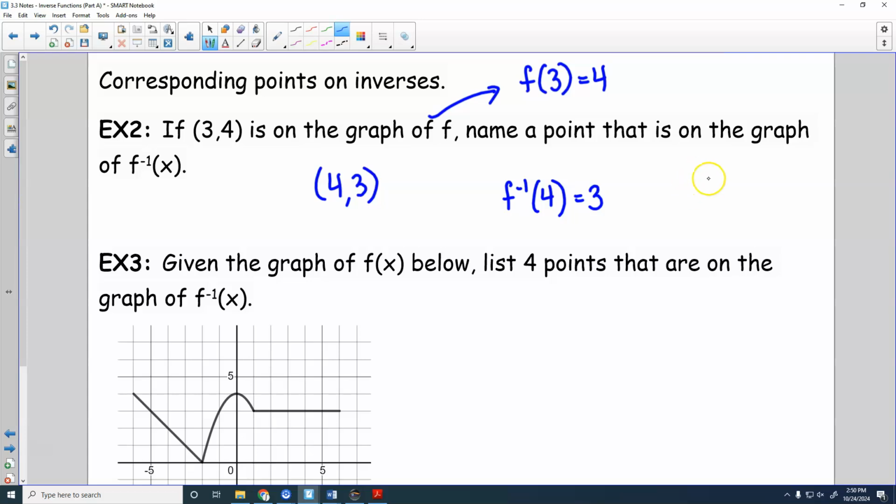A way to think about this is that your original point was 3 to 4. If I plug 3 into the f function, it takes me to 4. In some of my proof classes, we would say it maps 3 onto 4. The function that takes you back to where you were, that is your inverse.